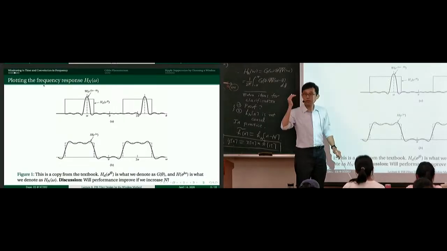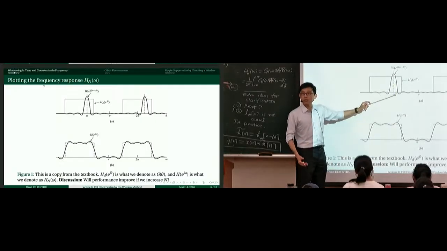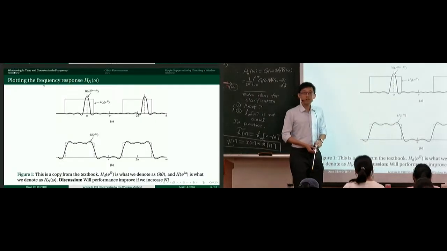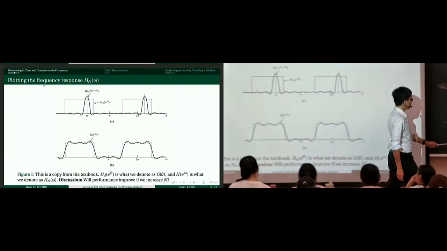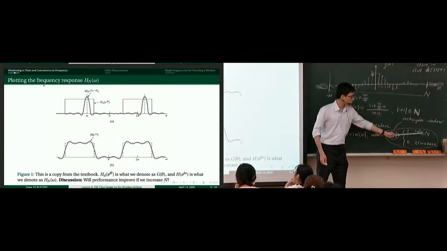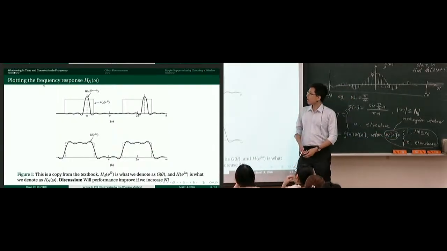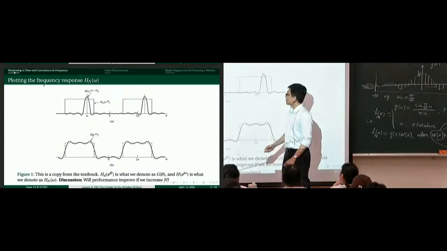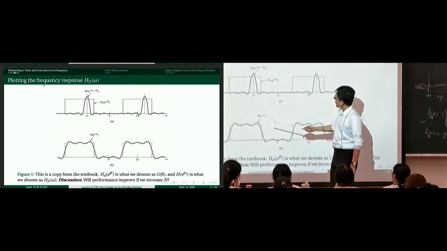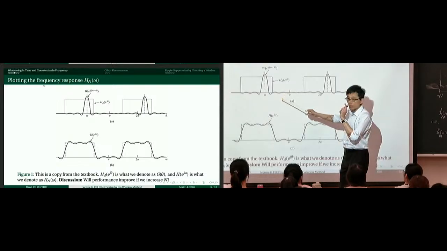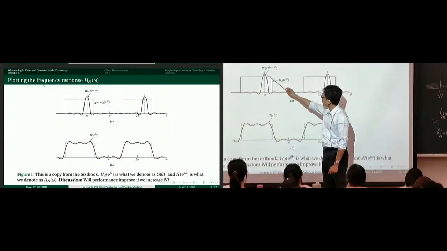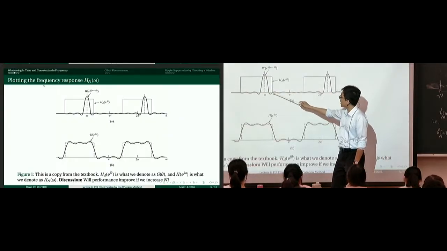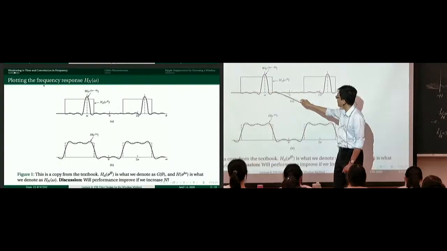But please, let's refrain from calling it sinc. Instead, I have a suggestion, just by observation. If W is a rectangular window, I want you to take home and remember that generally speaking, and this will show up again and again, the Fourier transform of a window function usually has a main lobe and a few side lobes.